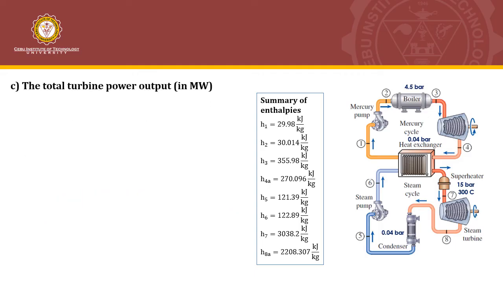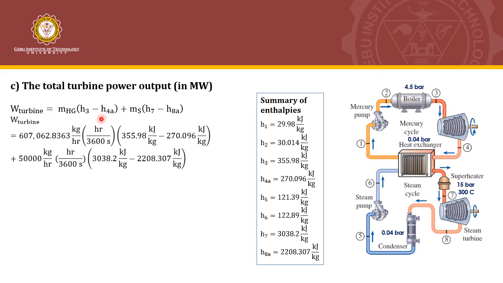For the total turbine work, or turbine power output in megawatt, we have two turbines: the mercury turbine and the steam turbine. In the same way, we can combine the two values to get the total turbine power output. Substituting the values, we get the turbine work output for the mercury cycle and for the steam cycle.